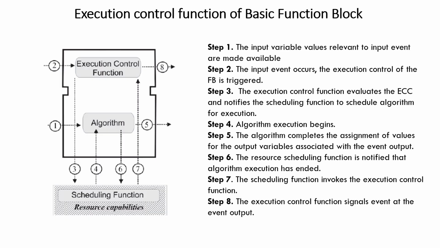The execution control function evaluates the execution control chart, and by evaluating it, it finds which transition condition is currently true, and if any is true, then it makes a transition to a new state and selects the first algorithm for execution and notifies the scheduling function of that particular resource where the function block is executed to schedule this algorithm for execution.